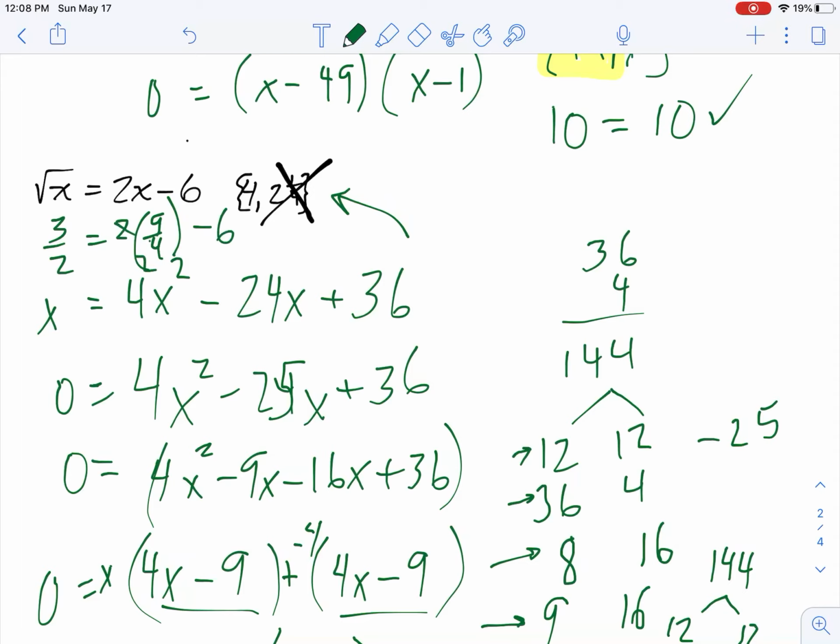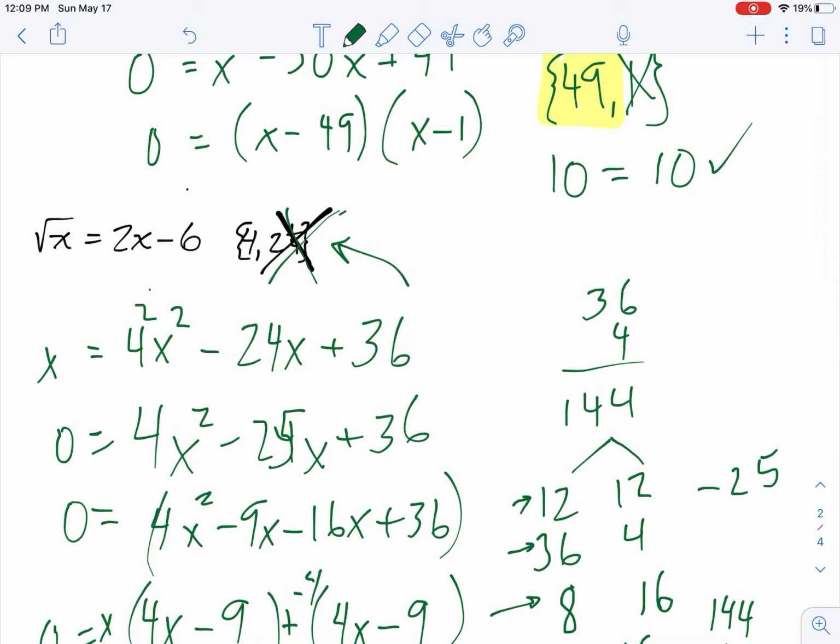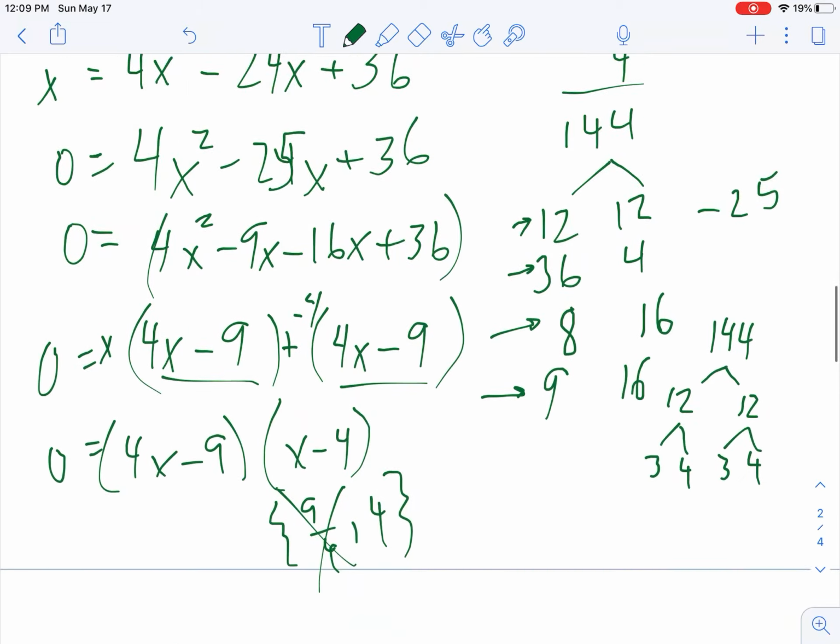Well, I'd cancel. I'd get 9/2 minus 6. All right, 9/2 minus 6 is going to be a negative number, so that is not working. All right, good thing we checked. So the 9/4 does not work, so you cross that out. That's an extraneous root. What about 4? Well, the square root of 4, so I'd get 2. Now 2 times 4 is 8, minus 6 gives me 2. Sweet.